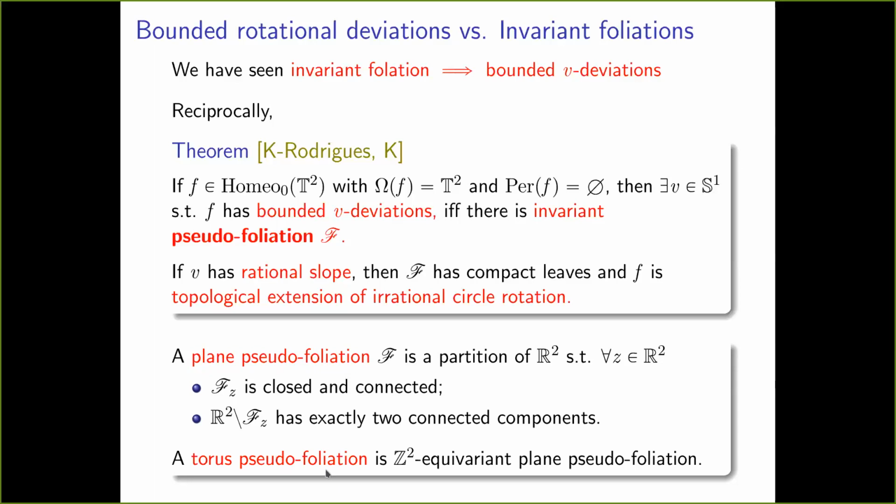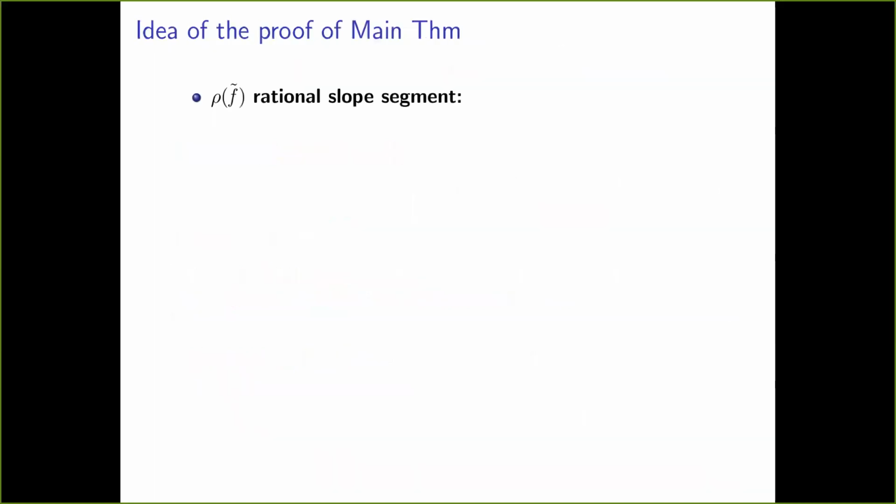And the good point is that this property is equivalent to boundedness of V deviations, and they are generalizations of classical foliations, but they are good enough to get a lot of properties, like in this case, to prove semiconjugacy, or we will see to prove the topologically weak mixing property.